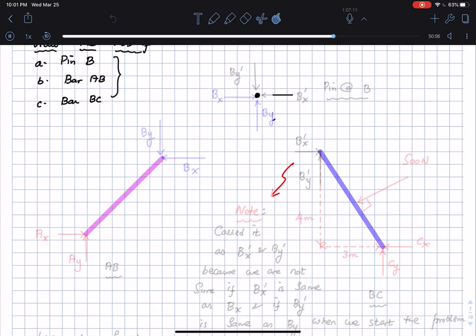Okay, now here is the bar AB. So let's specify that. This is the bar BC. Okay, this is the pin at B.